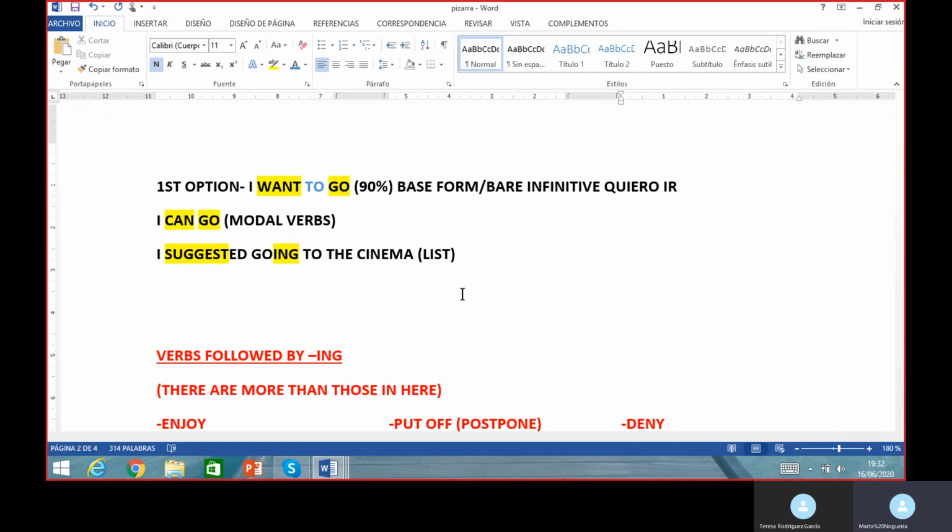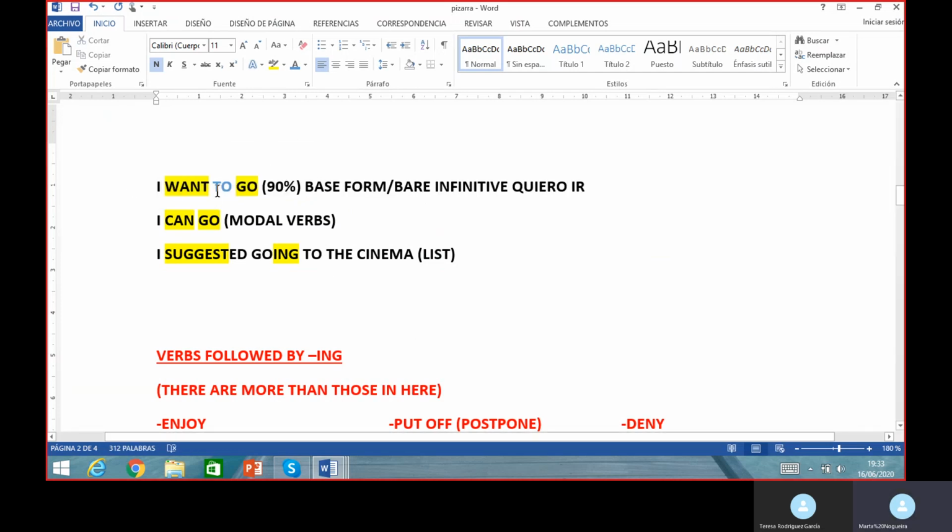I'm going to put the microphone so that you can hear me better. So when we want to put verbs together, we have to put something in between. Okay, so the first option, in 90% of the cases, is that we put one verb, then to, and then the other verb, which is the base form or the base infinitive.